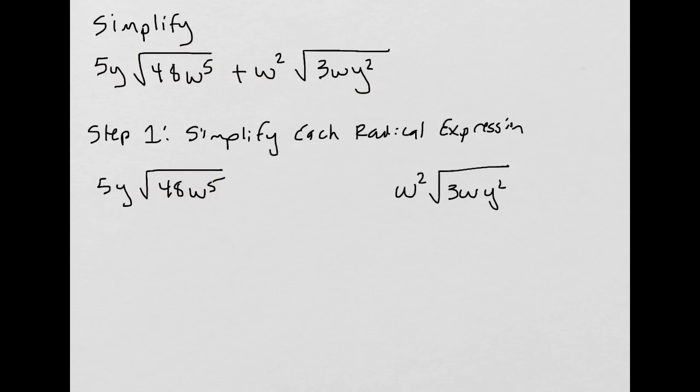So if I take 48 and I factor it, one way to break 48 down is 8 times 6. Okay, 6 factors into 2 times 3. 8 factors into 4 times 2. I can't break the 3's or the 2's down, but this 4 I can break down to 2 times 2.